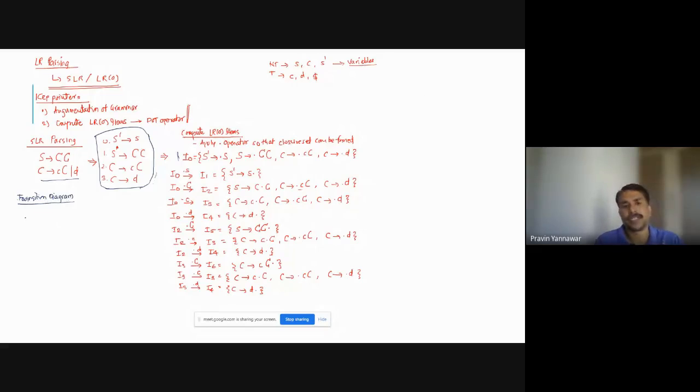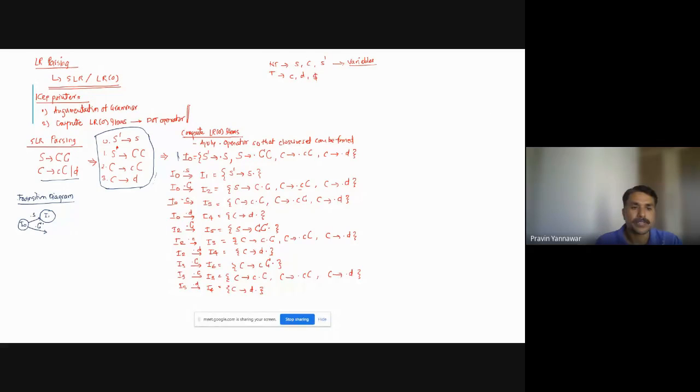What exactly is the transition diagram? A transition diagram is a pictorial representation of states over inputs. The vertices are the state numbers. Say, for example, our first vertex is I0. I0 with dot S will go to I1.